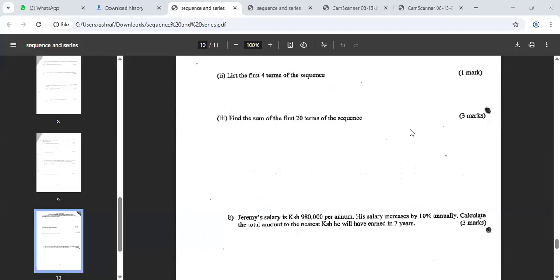Do you have R? No. You must have R because if you're using the formula of the nth term, it is AR to the power n minus 1, isn't it? So I have the last term and the first term only. The last term, which is the nth term, you get using AR raised to power n minus 1.